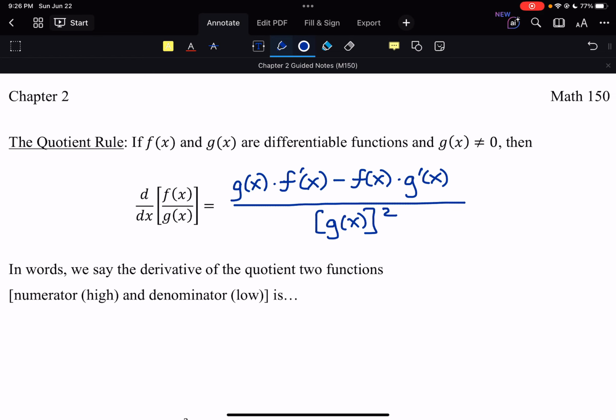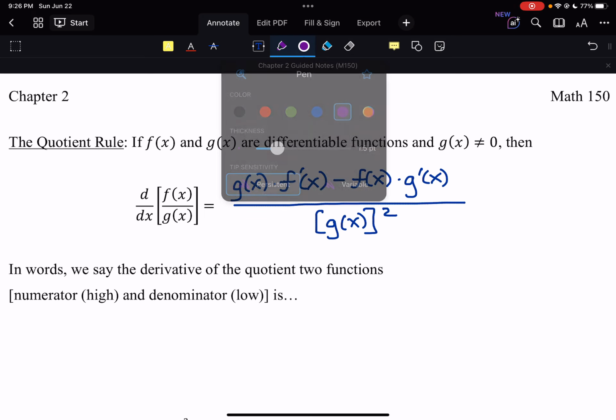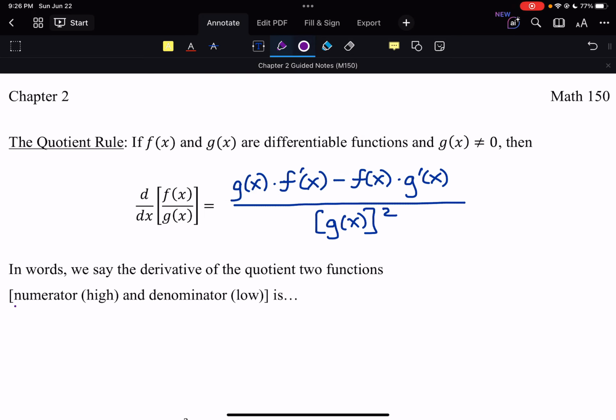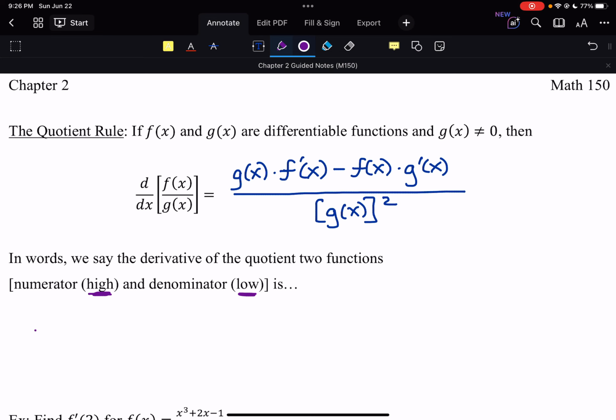That doesn't exactly roll off the tongue. A lot of times we do have kind of a mnemonic that we like to use. If you consider the numerator, like the top function, to be the quote-unquote high function, because it's high above the other, and the denominator is considered to be the low function, the way that we would read this is we would take low d high, so low times derivative of the high, minus high d low.